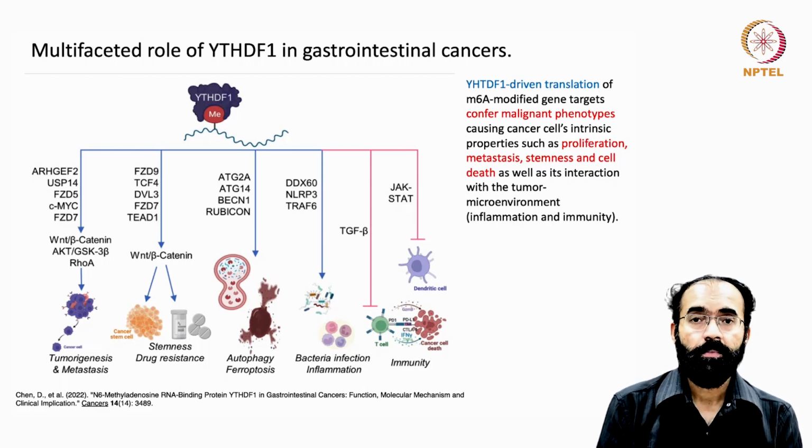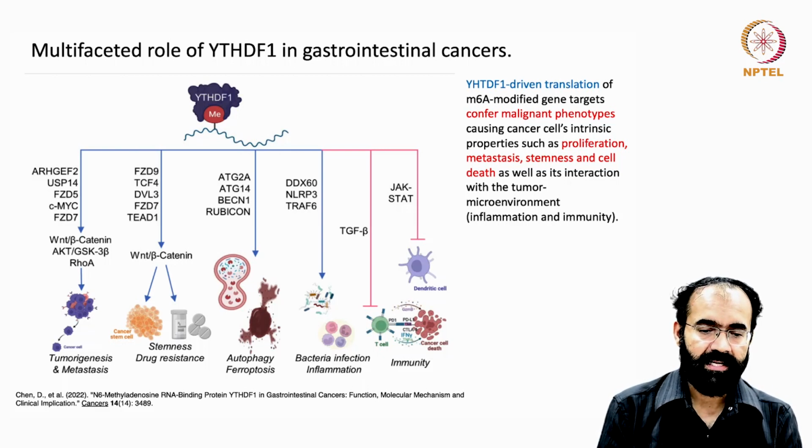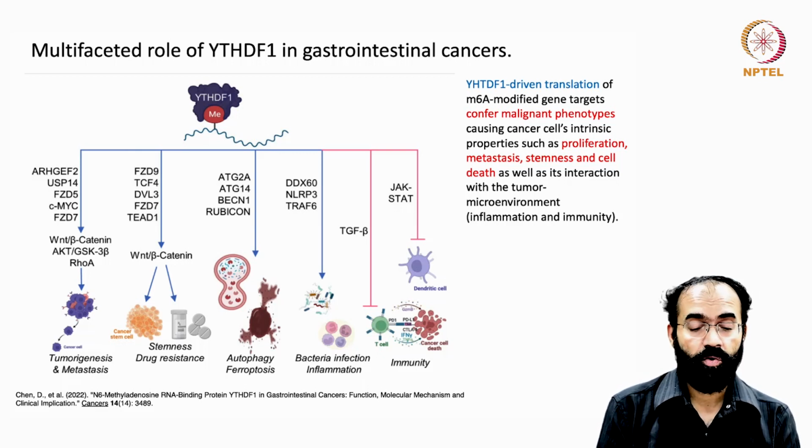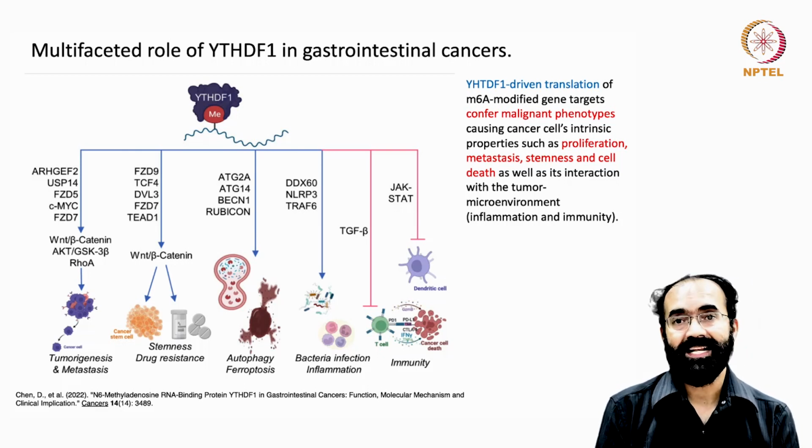So a lot of proteins and mRNAs come in this category. Like you can see AR, HG, EF2 and USP14, FZD5, CMYC, FZD7, and so on and so forth. Many of them are components of the Wnt beta-catenin signaling pathway, and eventually you will see accelerated Wnt beta-catenin, AKT, GSK3 beta, Rho-A pathways, and it will lead to tumorigenesis and metastasis.